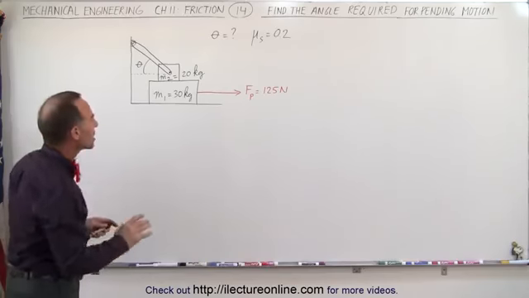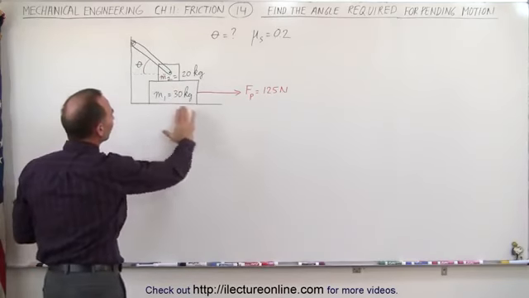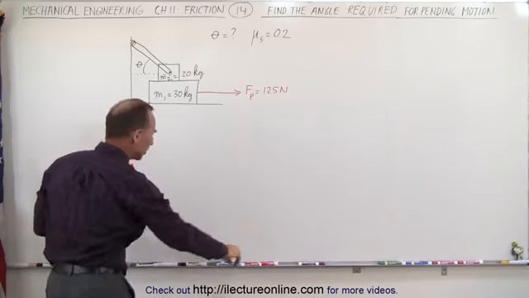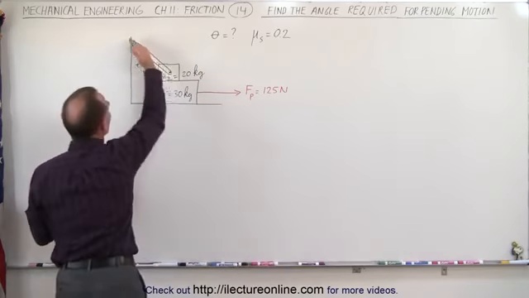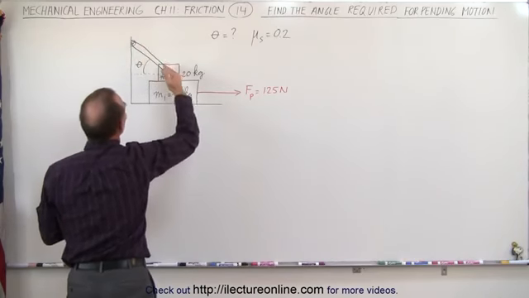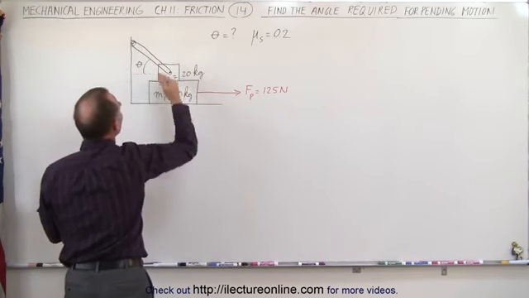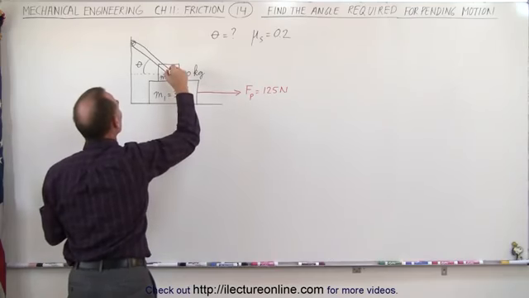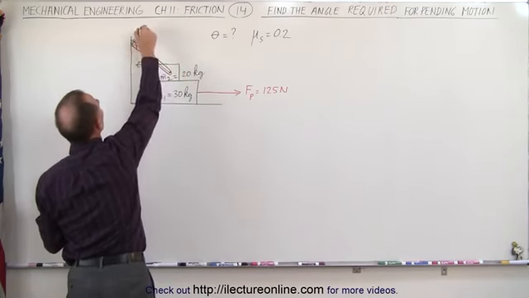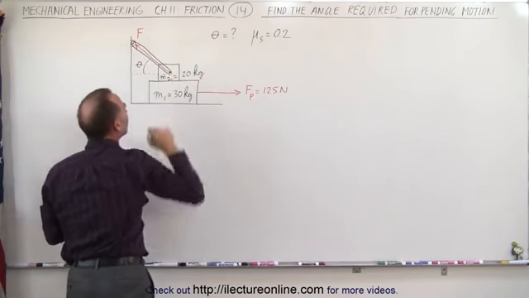Now what we need to do here is look at all the forces that are acting on this system. First of all, we know that this bracket, which can of course pivot in different directions, will be at a particular angle, and the force will be directed along the length of this bracket. So that will be the force pulling back on M2.